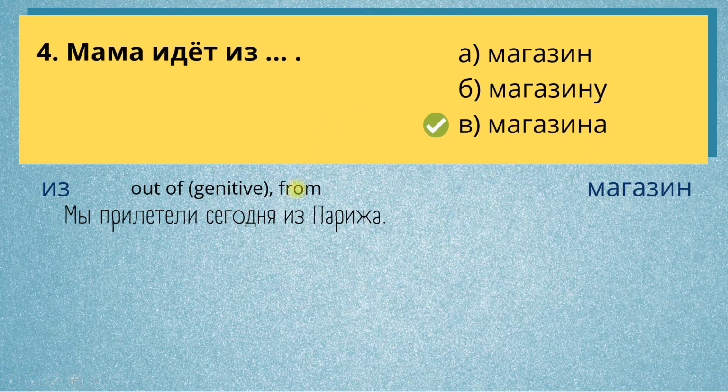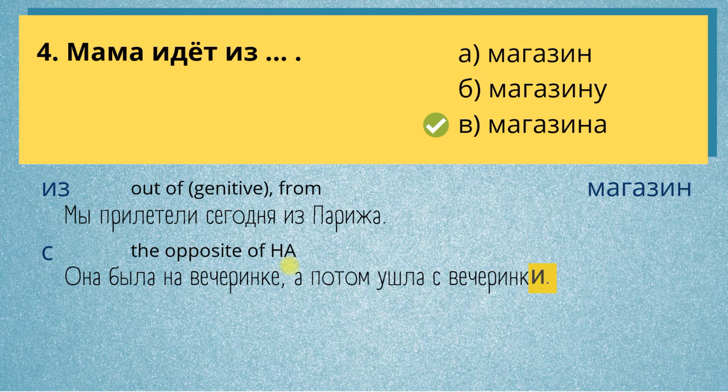But let's go back to from, because actually we have three different constructions of from. Из, с, and it would be the opposite of на. Each time when you have на preposition, being at or being on this place, you will have the opposite с in the same situations.